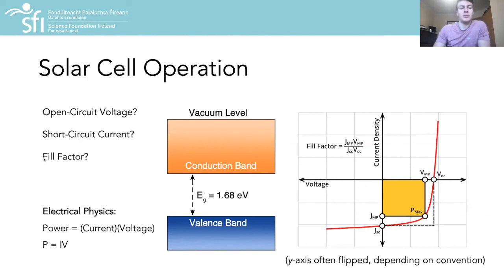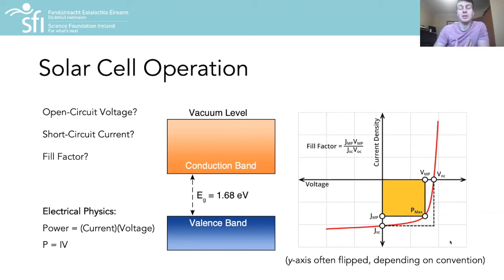And so we define the fill factor as the ratio of the maximum power output of the solar cell, corresponding to the area of this yellow square here, so operating at the voltage and current which gives us this maximum square area, our maximum output power, to the product of the open circuit voltage and the short circuit current, so this larger square here. So the fill factor is just a ratio of the area of this square to the larger square here.